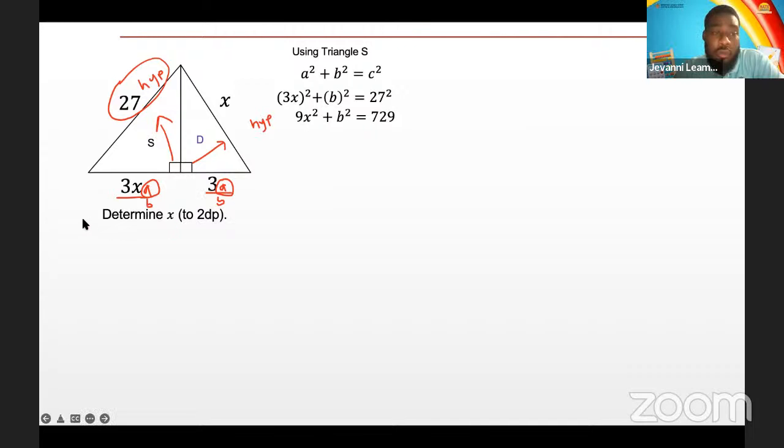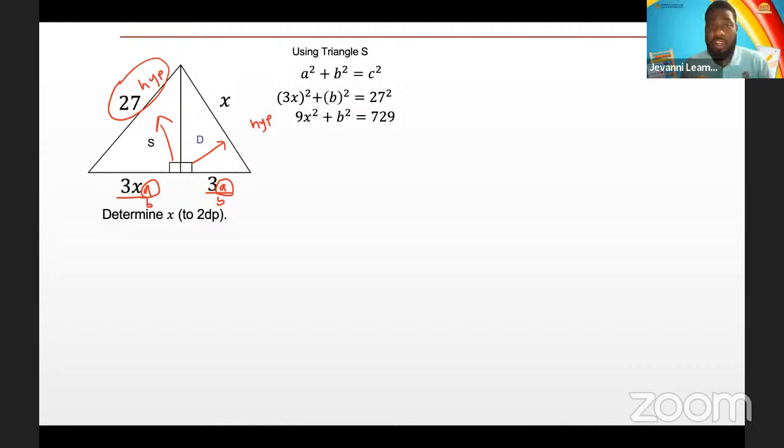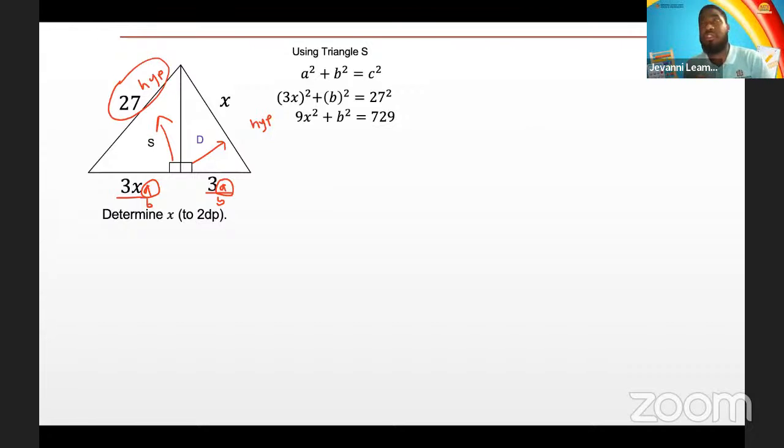So now we have 9x squared added to B squared is equal to 729, right? So the unknown right there is B squared. Remember, you should have done transposition already, maybe in fourth form, I hope.